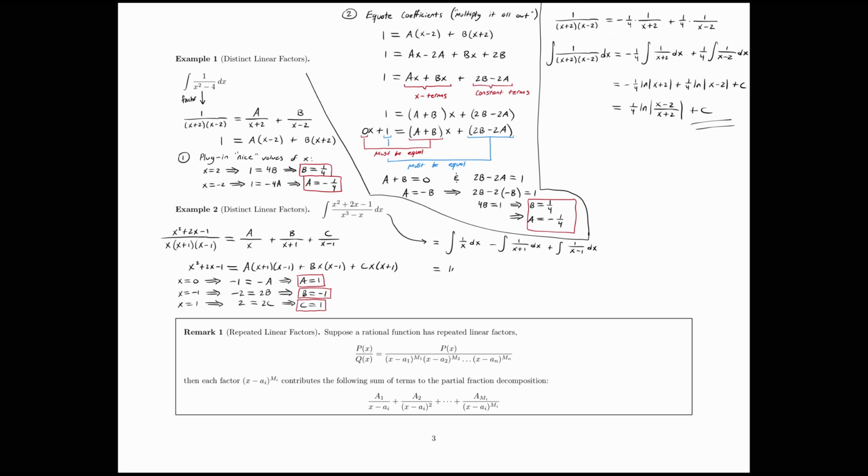So this is natural log absolute x minus natural log absolute x plus 1 plus natural log absolute x minus 1, plus C. Then, if we go ahead and combine them, not that we have to, but it looks nice, this would be natural log of the absolute value of x times x minus 1 all over x plus 1, plus C.